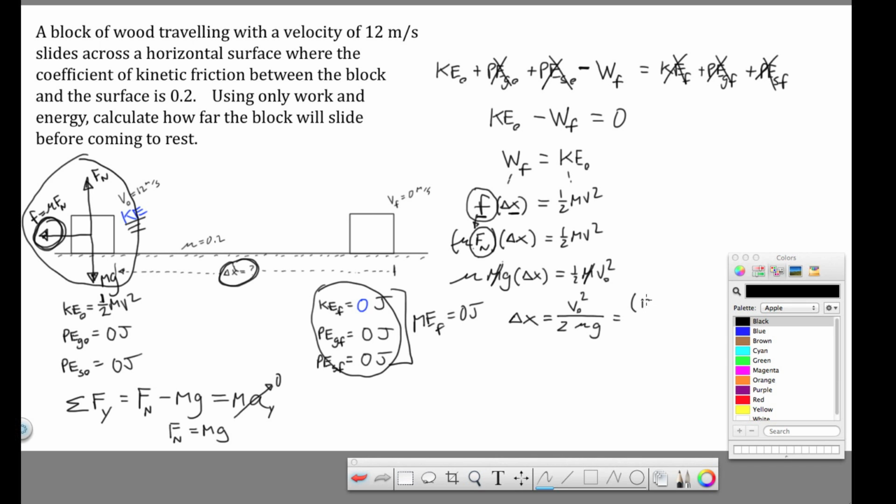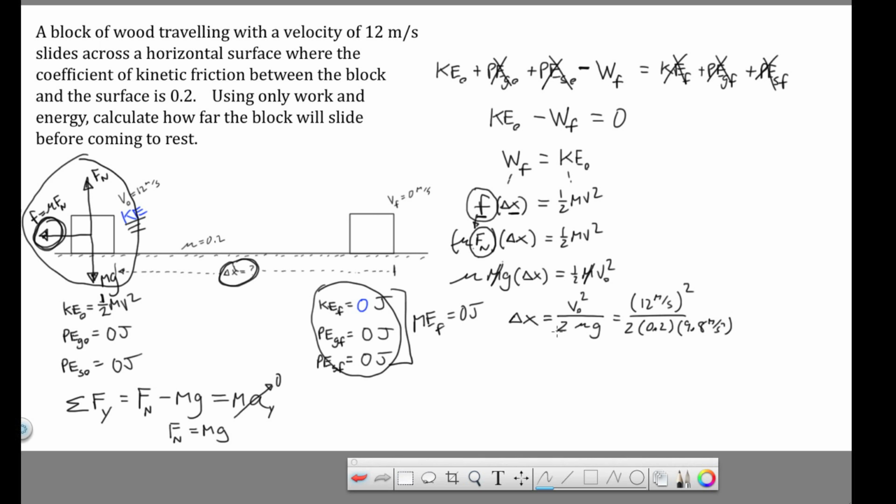So this is 12 meters per second, squared, divided by 2 times 0.2 times 9.8. And then this gives a delta x of 36.7, which is how far the block slid as it came to rest.